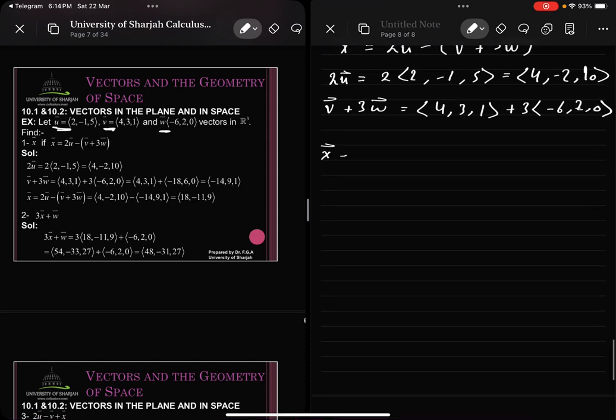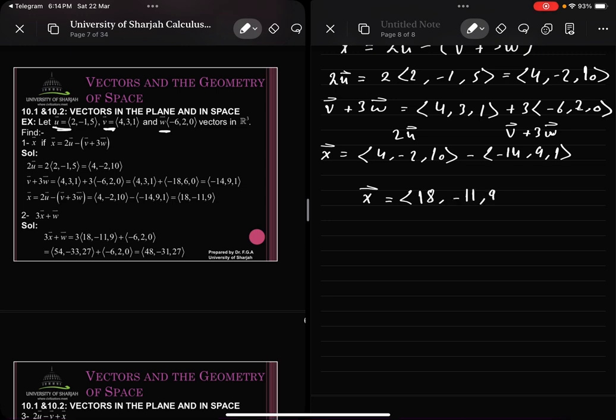So we end up with (4, negative 2, 10), which is 2u, minus (negative 14, 9, 1), which is v plus 3w, and we end up with (18, negative 11, 9).